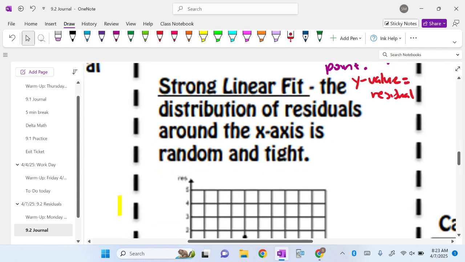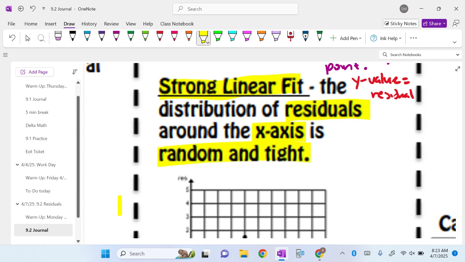A strong linear fit is when the distribution of the residuals around the x-axis is random and tight. So there's no obvious line, no straight line, no real pattern to it.